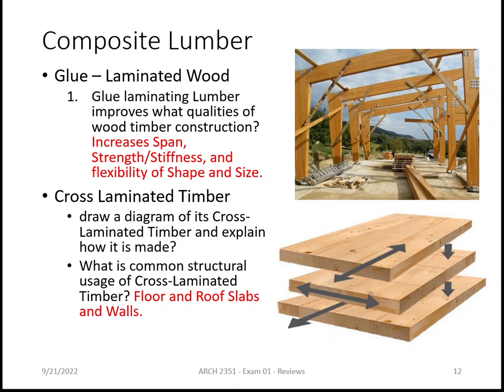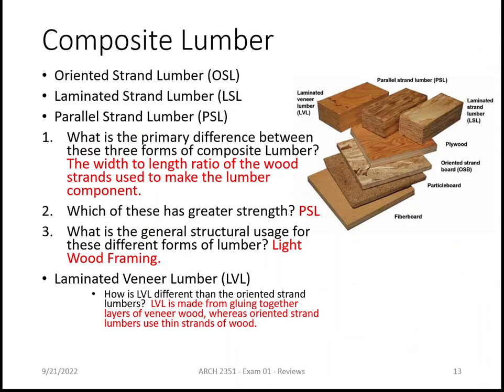Okay. Composite lumber. A group called composite lumber. There's 3 types: OSL, LSL, and PSL. Those all involve the orientation of what? They're not crossed. Well, some of them are. It depends on which one you're talking about.